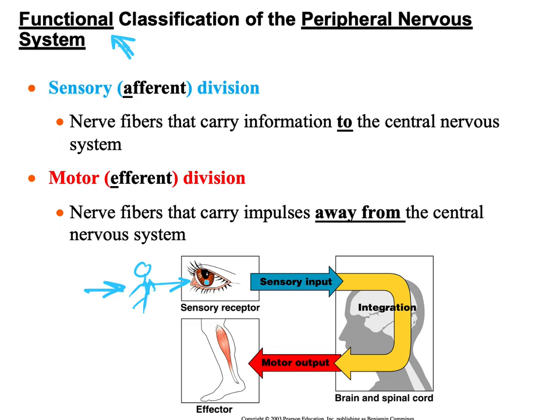So this scene or the picture that you see will be transmitted as a sensation through nerve fibers. That means there are nerve fibers that carry sensory information toward the central nervous system, to the brain and the spinal cord. For example, you handle again a hot spoon, right? So it's hot.